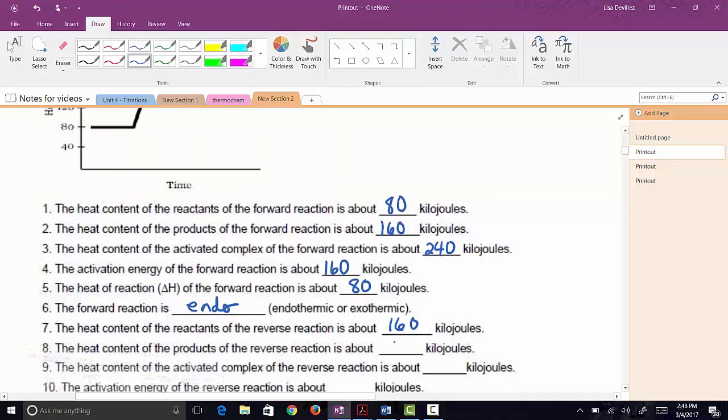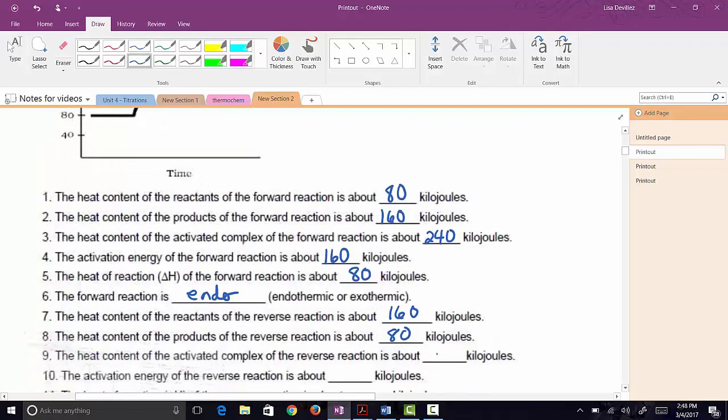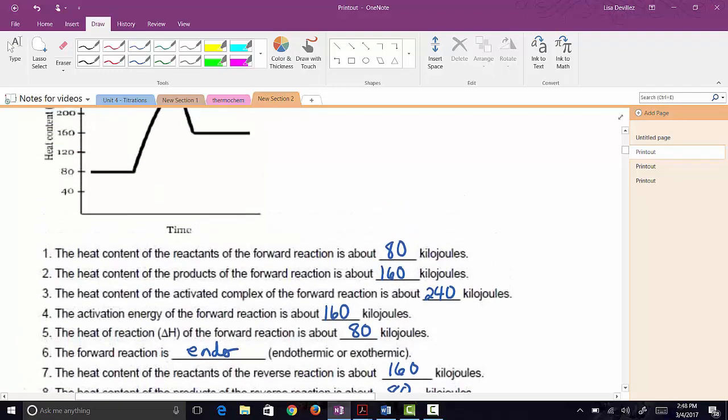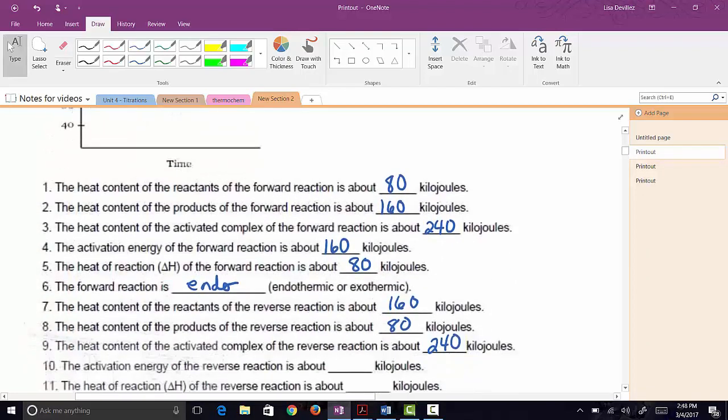And the heat content of the products is around 80. The heat content of the activated complex for the reverse is still 240. The activation energy for the reverse is going to be 240 minus 160, so that's about 80.